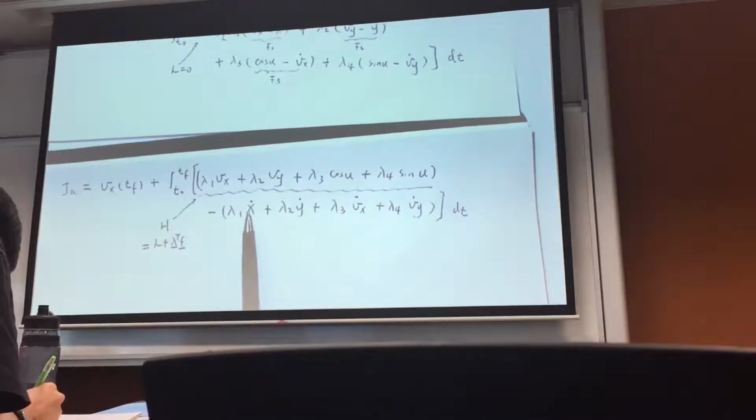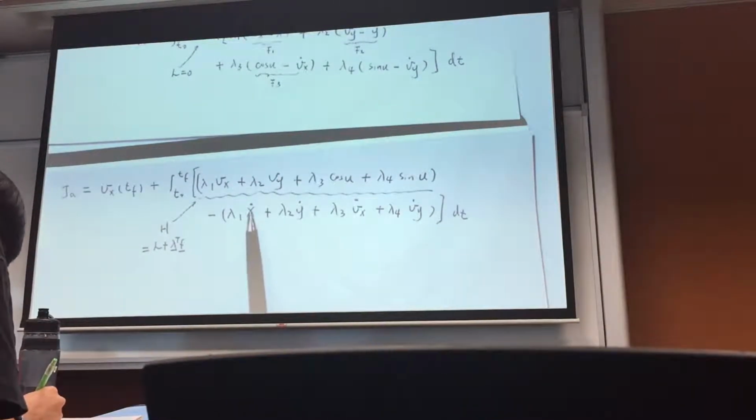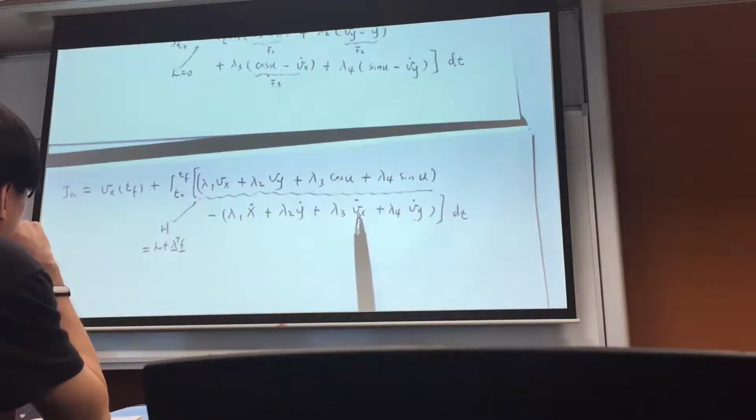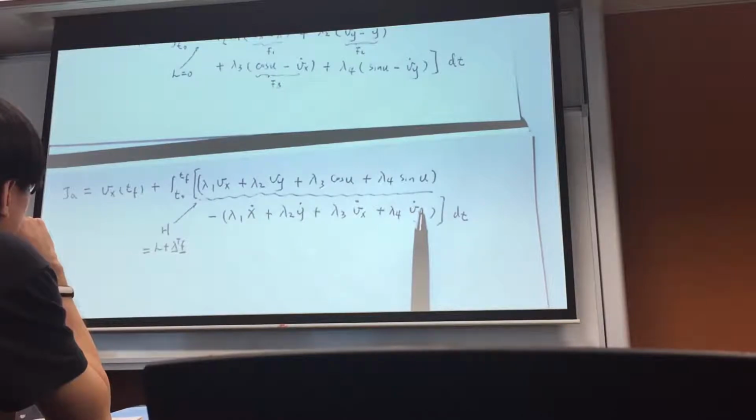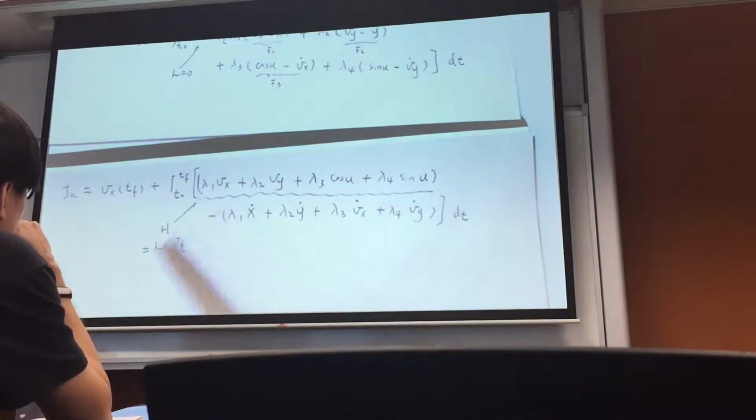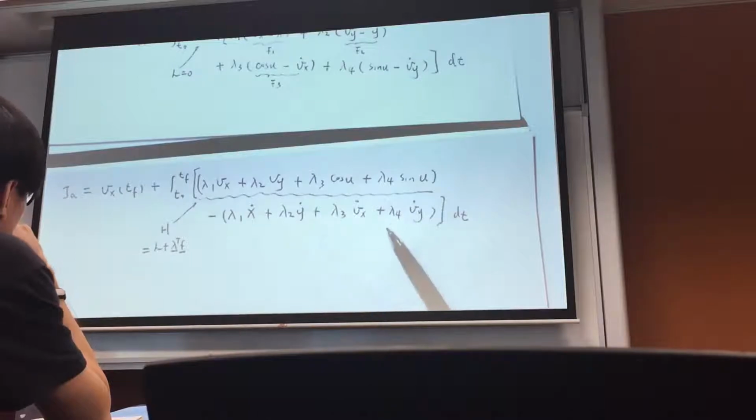We apply the integration by parts so that we don't need to perturb the derivatives. We only need to perturb the lambda. So in the derivation of equations, next we set all the perturbations to be 0. Then we arrive at the Euler Lagrange equations.